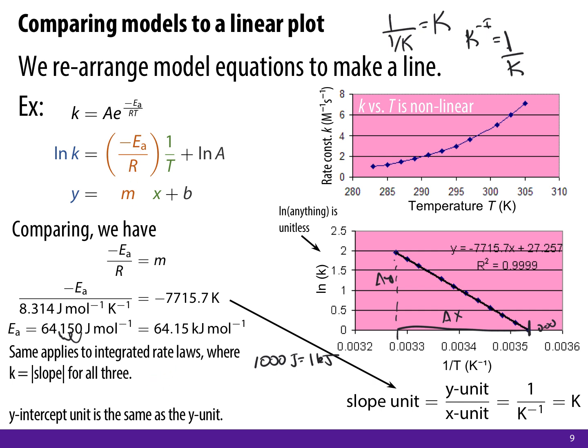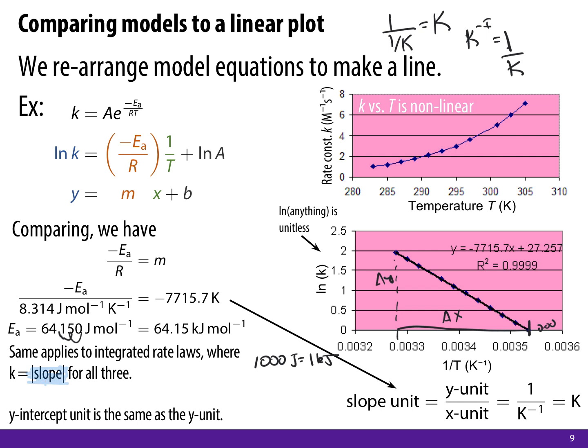But note that when we do the integrated rate laws, we do always get the exact same answer out. It's always the case that K is equal to the absolute value of the slope for all three of these cases. So if you look at your linear plots, you can short circuit it back to: okay, if I look at the slope and I take the absolute value of it, then I get my value of K from that.